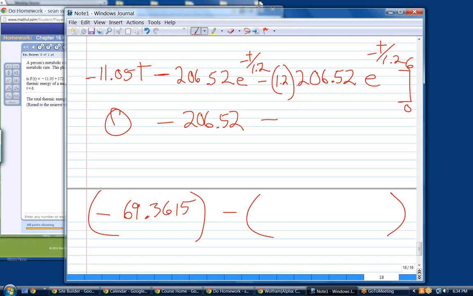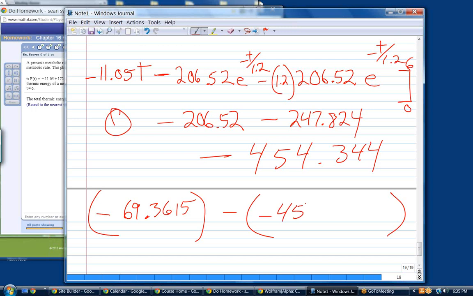What was this number again? 1.2 times 206.52? 247.824. Okay. So these two combined become a negative what? 454.344? Yep. Notice we're subtracting a negative. So take this negative 69 and change and add 454.344 to it.